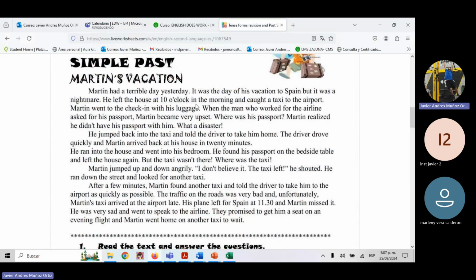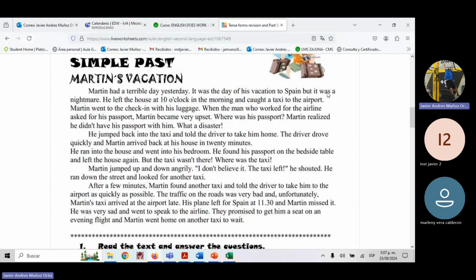Second sentence, it was the day of his vacation to Spain, but it was a nightmare. Where are the verbs? The verbs are the verb to be was, and once again, was. That's it. You only have to identify the verbs.